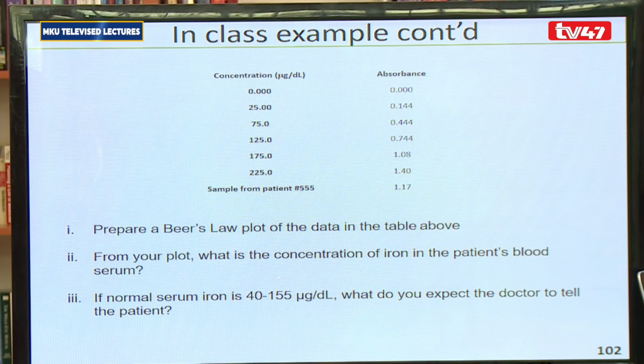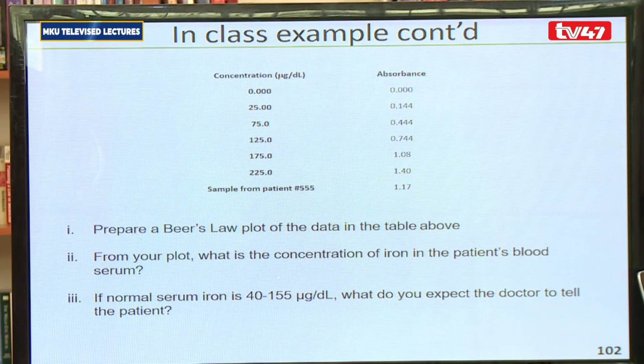And the question requires us to prepare a Beer-Lambert law plot, or in other words, a calibration curve. And then from the plot, we can determine the concentration of iron in the patient's blood serum. And then you are given the normal serum concentration of iron to be 40 to 155 micrograms per deciliter.